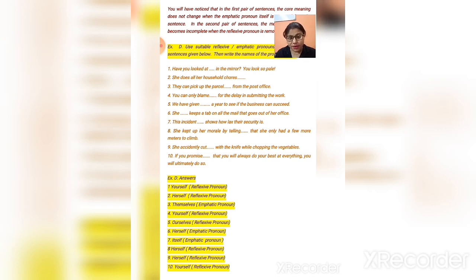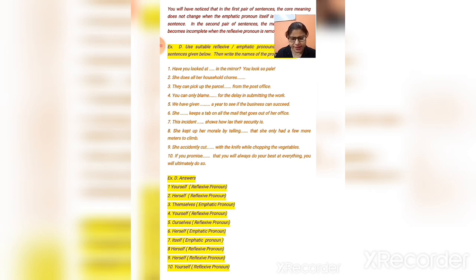See how she kept up her morale by telling herself that she only had a few more meters to climb. It is used as a reflexive pronoun. Now we'll talk about the ninth. That becomes herself and also a reflexive pronoun. See how she accidentally cut herself with the knife while chopping the vegetables.